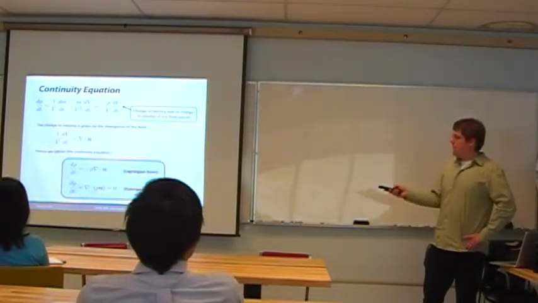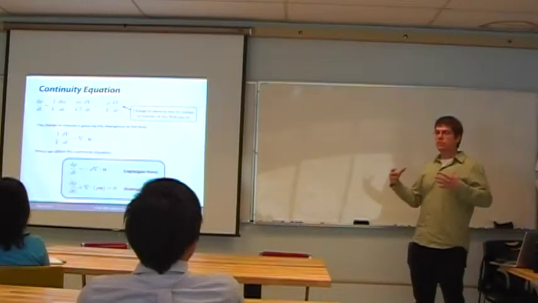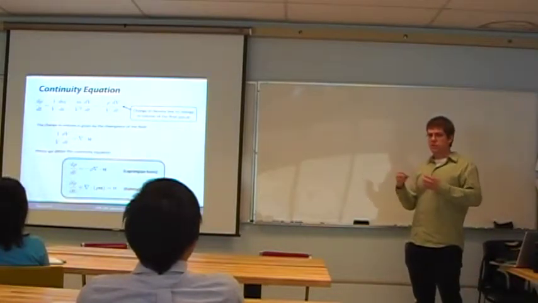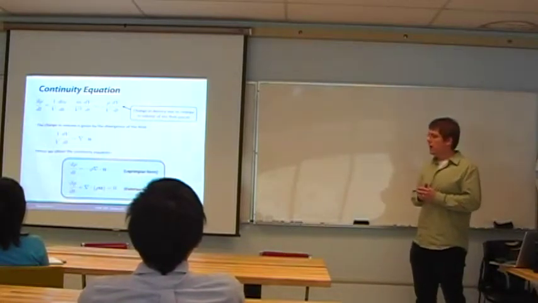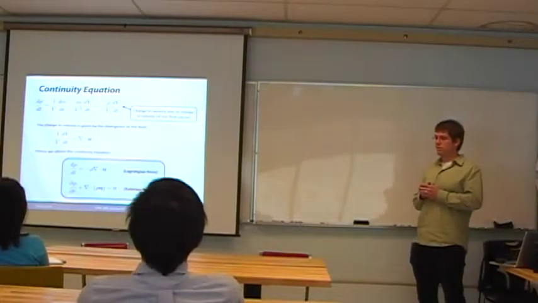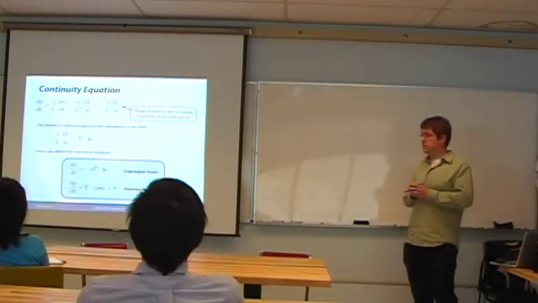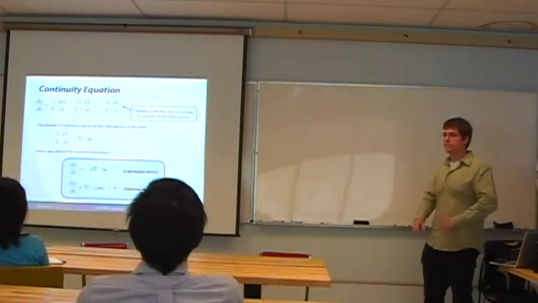So just to verify that this is correct, if we have divergence of the velocity field, what does that correspond to? Expansion or compression? Expansion, correct. Divergence means div dot u is positive. Density is always positive, right? So what's the right-hand side going to be, positive or negative?